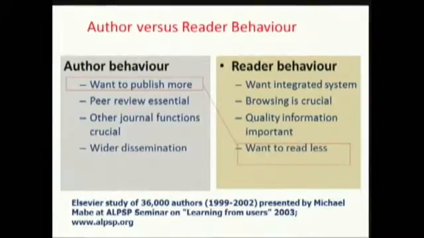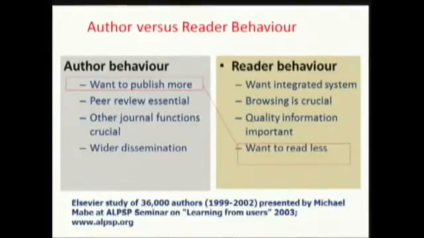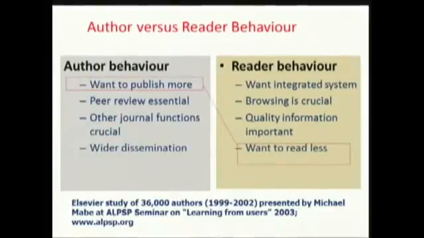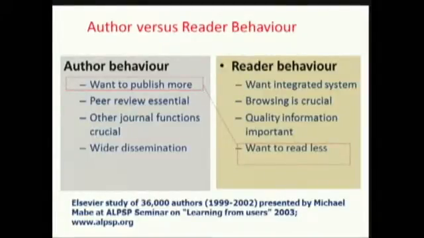Wider dissemination and other journal functions will also be crucial. As for reader behavior, he wants to read the summary, maybe, most of the time. He wants to read less. Browsing is crucial, so easy access to the article is very crucial.